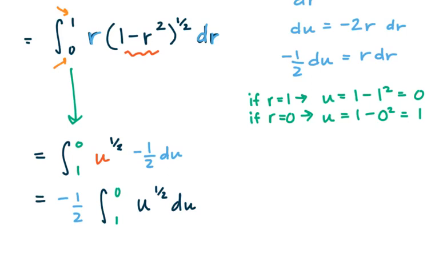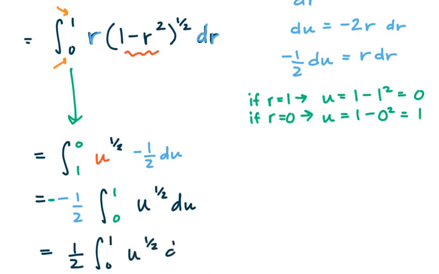The lower limit is actually larger than the upper limit. But one thing we know is I can reverse my bounds and turn that into 0 and 1, but that would involve me negating the entire integral. So those two negatives cancel out and I have positive 1/2, the integral from 0 to 1 of u to the 1/2 du.